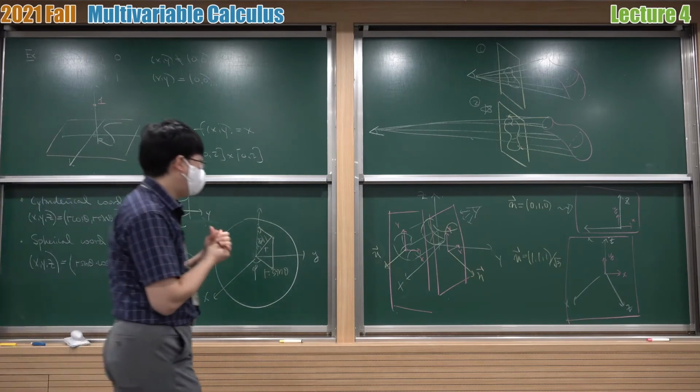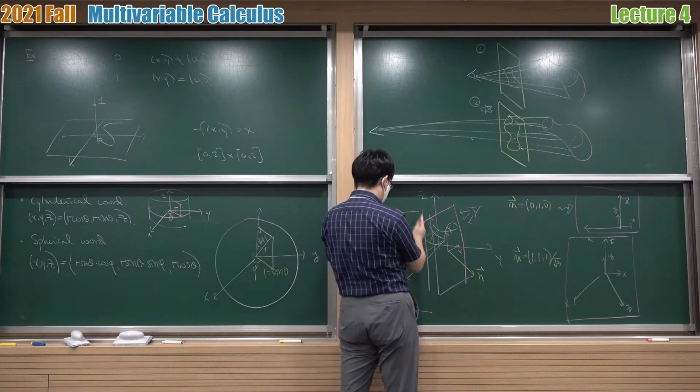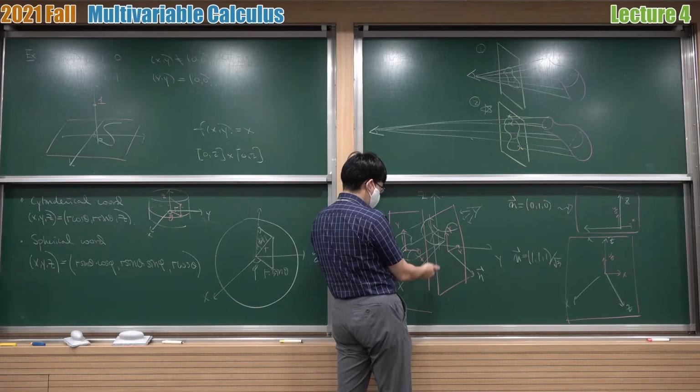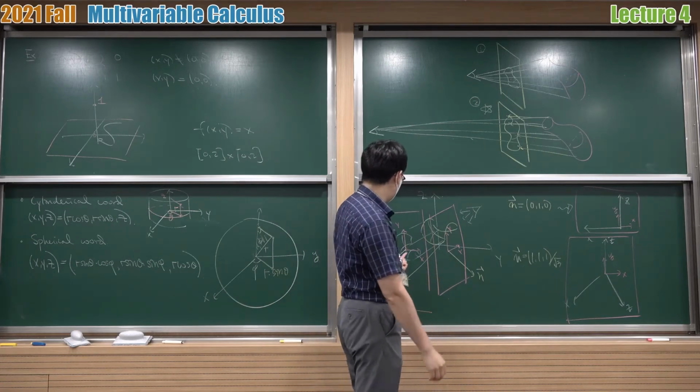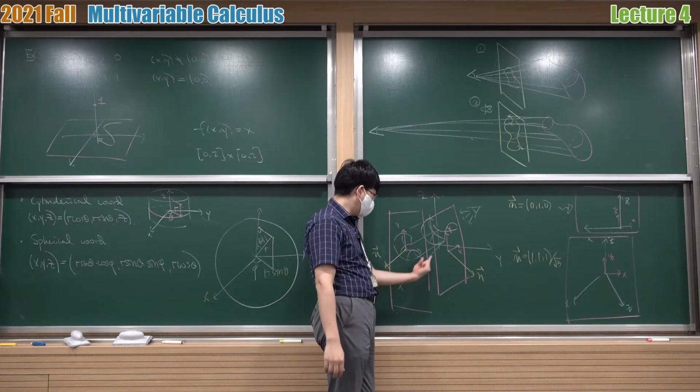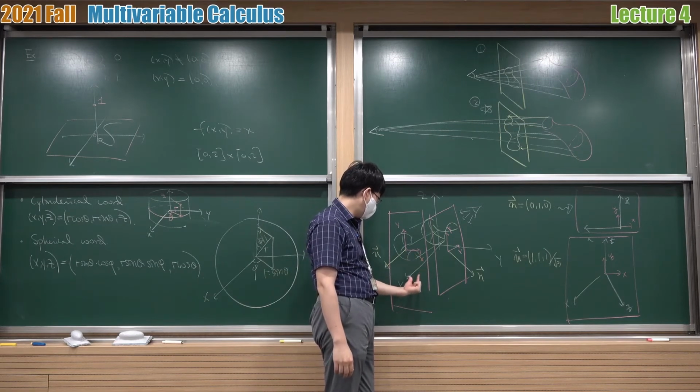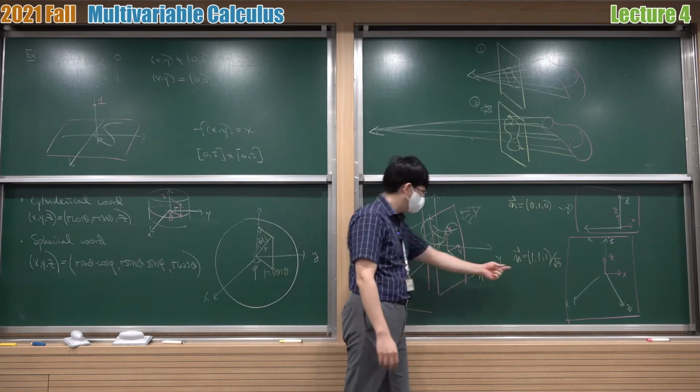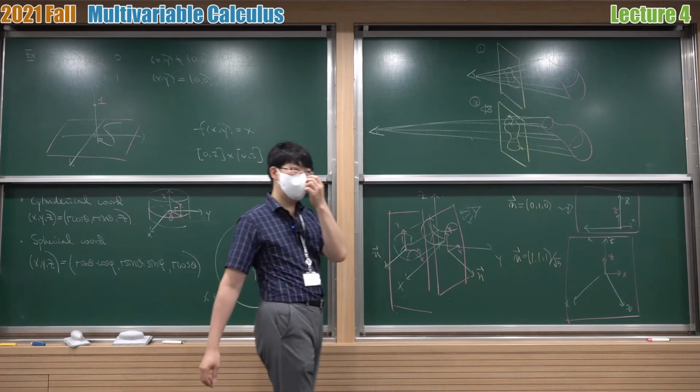Let's go back to how we can rotate our canvas from normal to x-axis to the 111 direction.